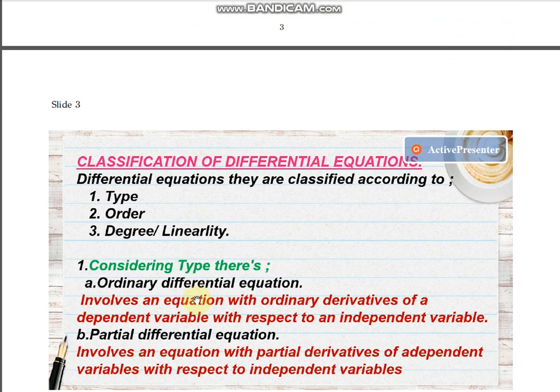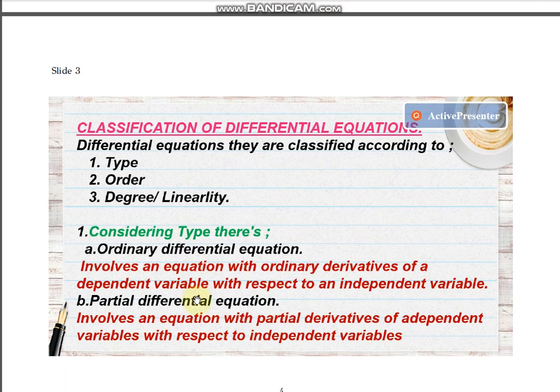From there we shall move on and look at more things. I talked about the classification of differential equations in my introduction. Differential equations are classified according to type, order, and degree, which can also be further explained as linearity.